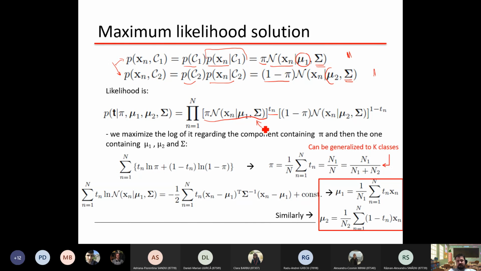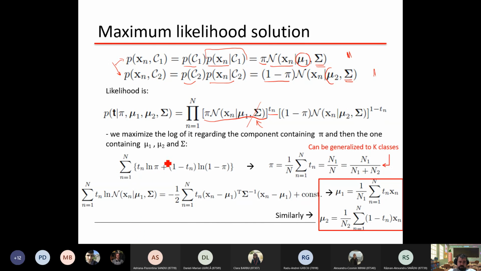If the sample is negative, then t_n is 0 and the term disappears. And the same thing here for the second class: if the point is positive, then 1 minus t_n equals 0 and the second term disappears. But if the point is in the negative class, then t_n will be 0, so the first term disappears and only the second term remains.